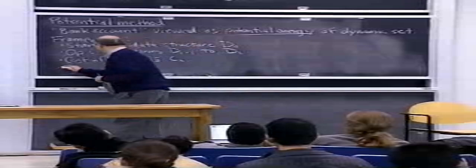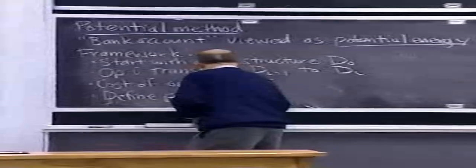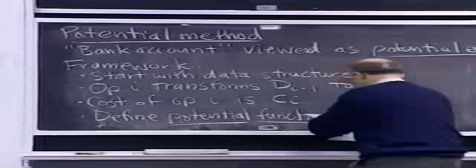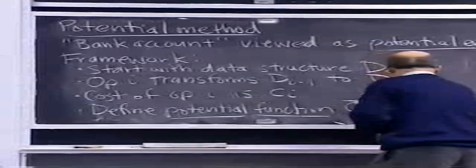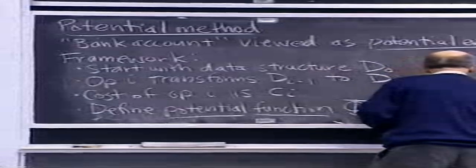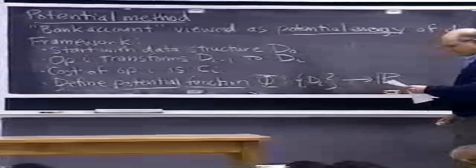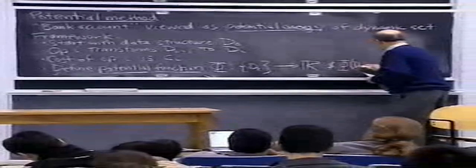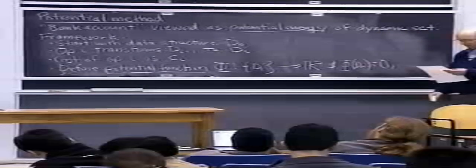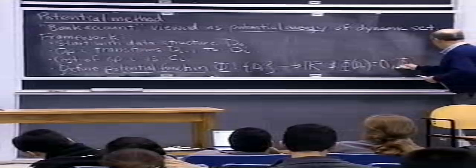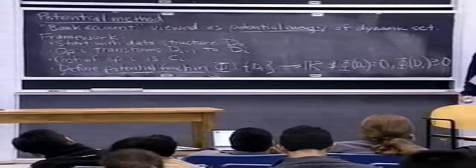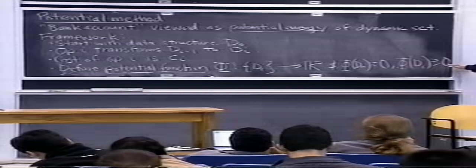So what we do then is we define a potential function phi that maps the set of data structures into the real numbers such that the potential of the initial data structure is 0, and the potential of any data structure is greater than or equal to 0, for all i.